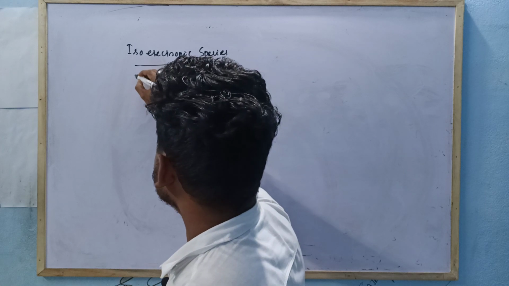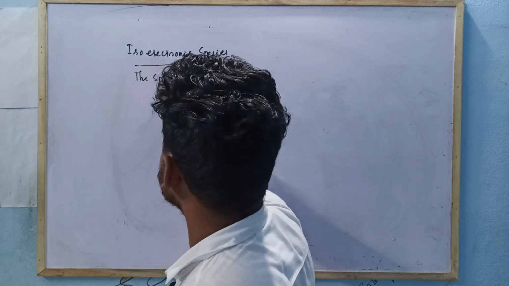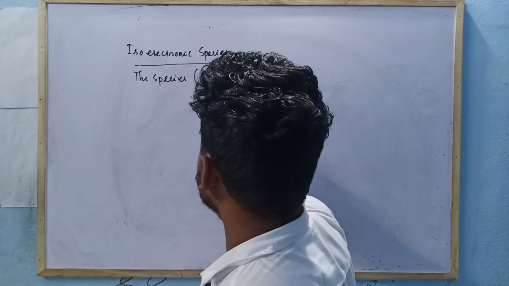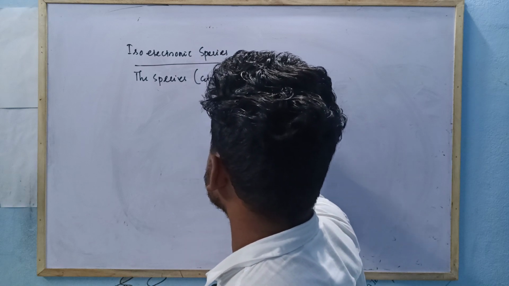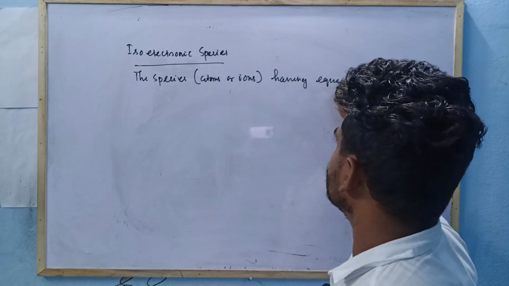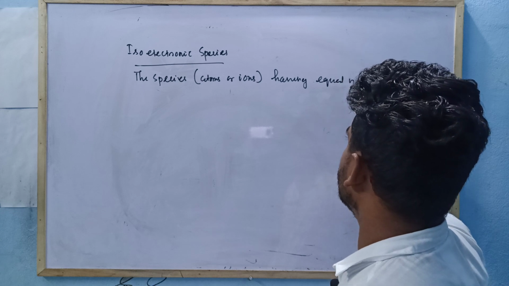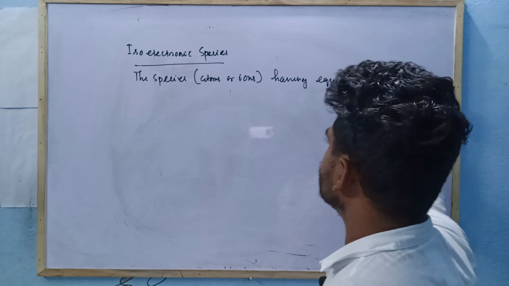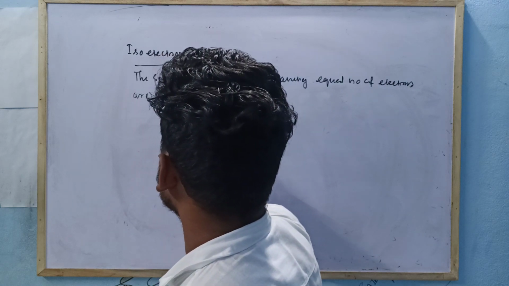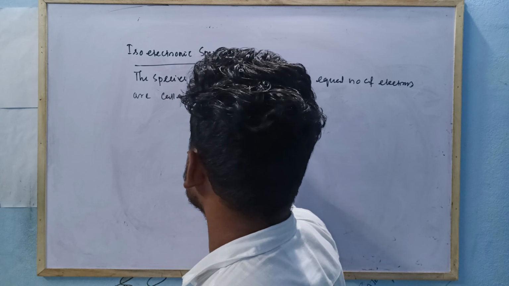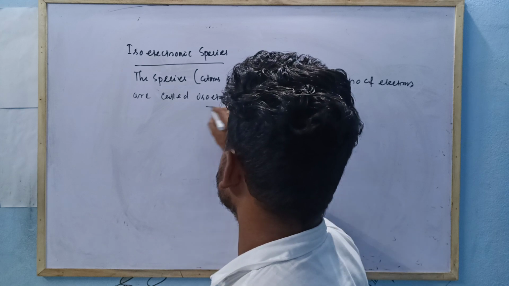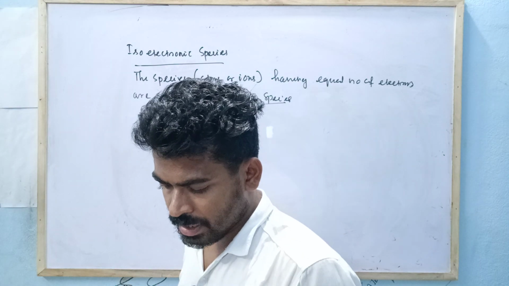The species, whether these are neutral atoms or ions, having an equal number of electrons are called isoelectronic species. These are known as isoelectronic species.